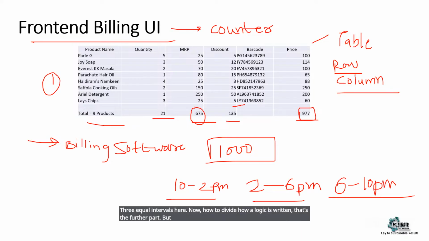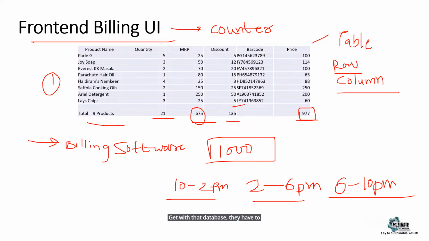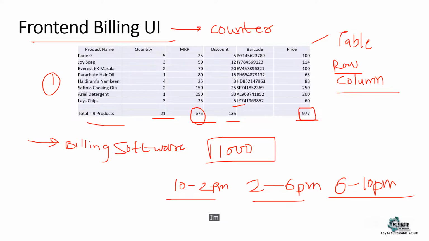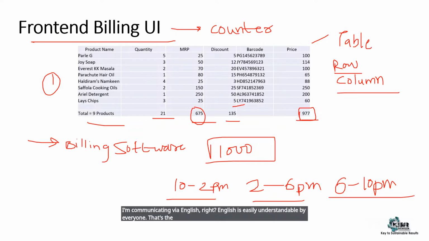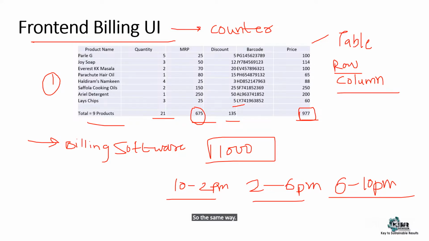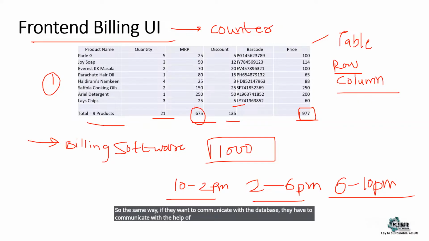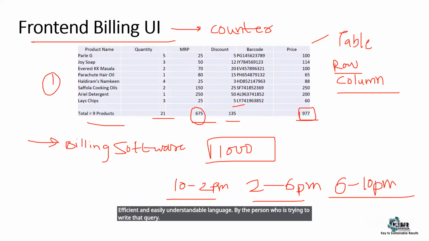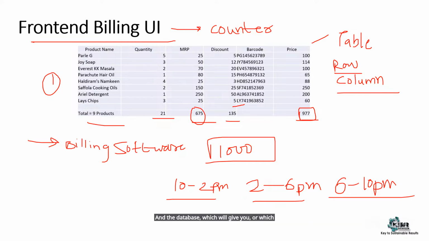But if they want to communicate with that database, they have to use a programming language, right? If I'm communicating with you, I'm communicating via English, right? English is easily understandable by everyone. That's the reason I'm communicating with you in English. In the same way, if they want to communicate with the database, they have to communicate with the help of SQL, which is the most efficient and easily understandable language for the person writing that query and for the database which will retrieve the results.